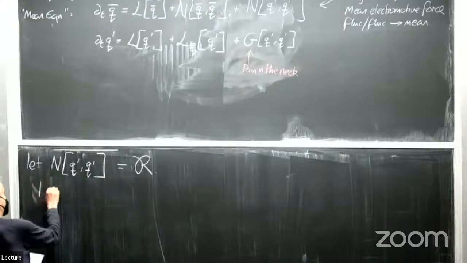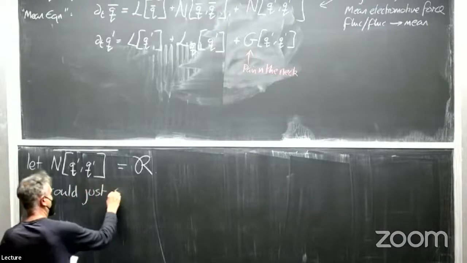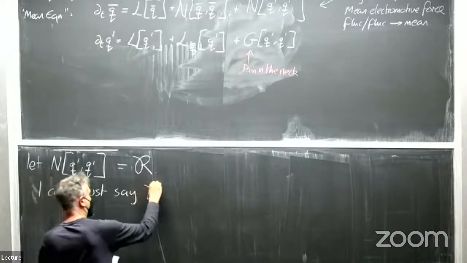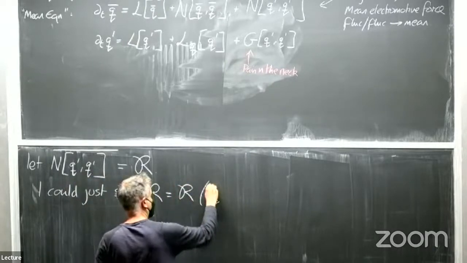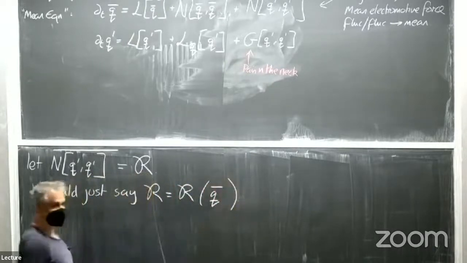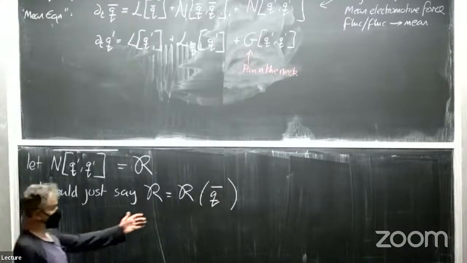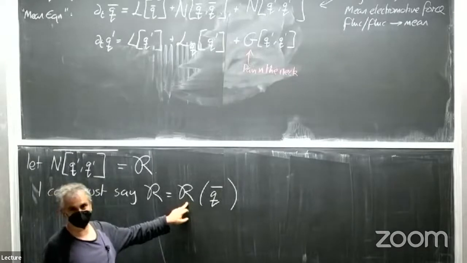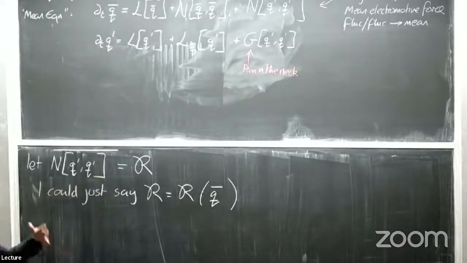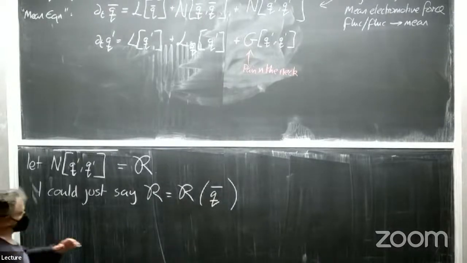So I could just say R is R of Q bar, and I'm going to try and work out some sensible functional forms. And remember, this R could be any kind of operator. It could be a vector, differential operator, that kind of thing. But it just depends on Q bar.